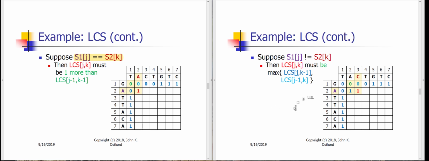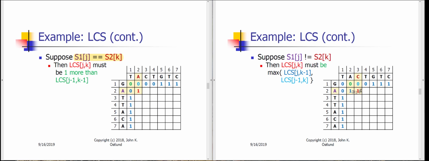On the other hand, continuing in that same row, where we have A as the end of the prefix in the row, when we get to C, the next character in the sequence for the columns, we discover that A is not the same as C, and therefore the longest common subsequence up to that point must be either the longest common subsequence of G versus TAC or of GA versus TA.